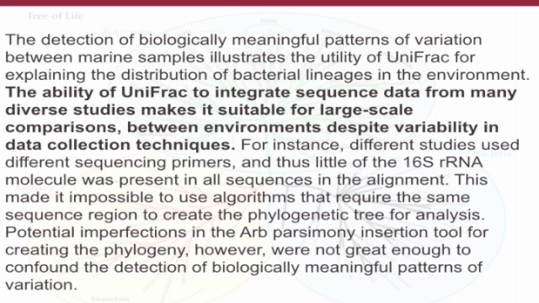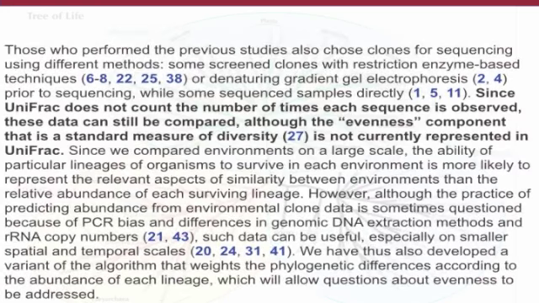And they say that UniFrac is great. It can integrate sequence data from lots of environments, do large-scale comparisons, and really importantly, despite there being differences in data collection techniques between samples. Although in the other paper, I think there's a little skepticism of this.